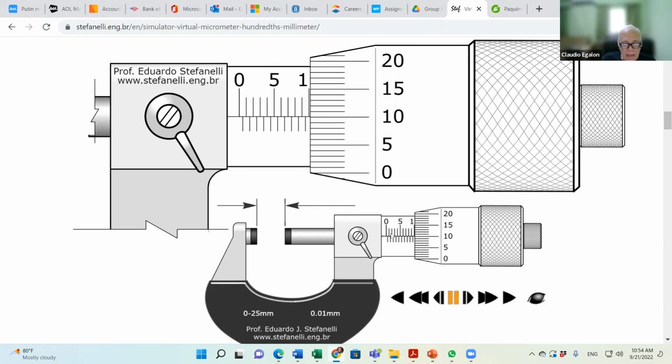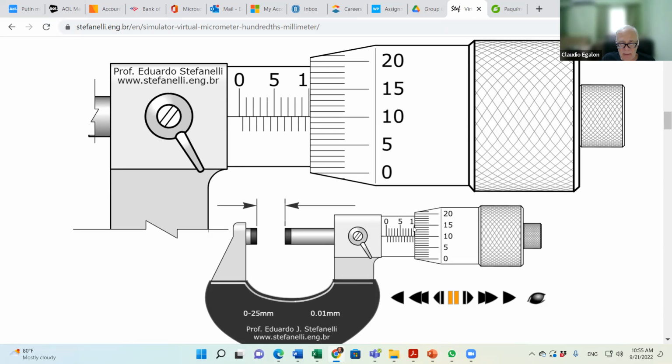It's going to be like 10 millimeters. The edge of the rotating scale is just past 10 millimeters, so 10 millimeters plus something else. This something else is given by which line of your rotating scale is lined up with the horizontal line of the main scale.